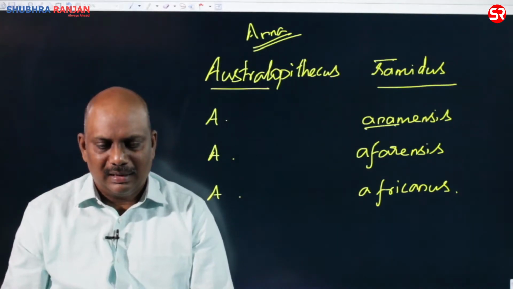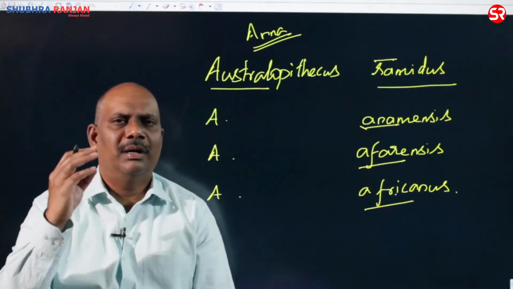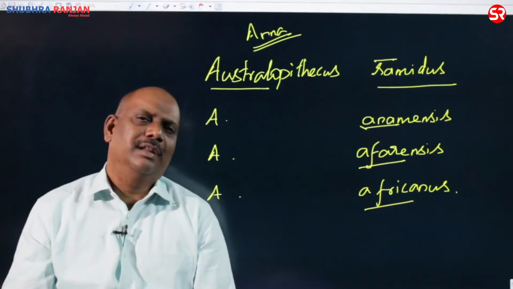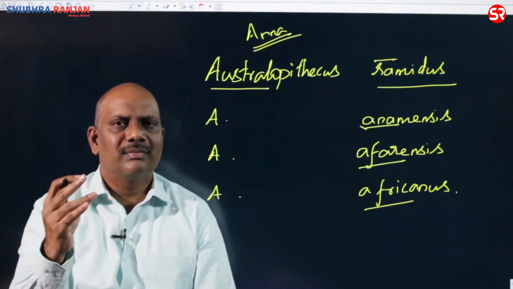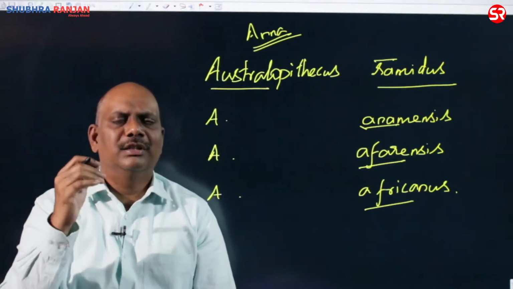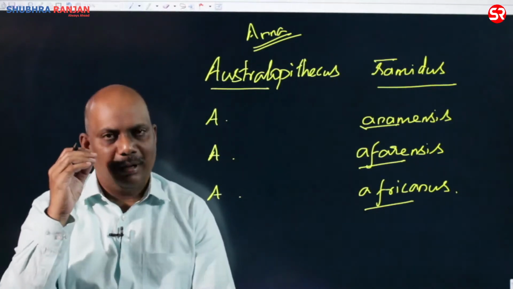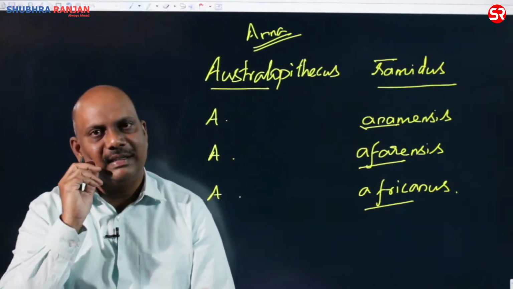Can you remember? Ram Anna is afar in Africa. Ramidus, Anamensis, Afarensis, and then Africanus. These are the 4 important and prominent species of Gracile.